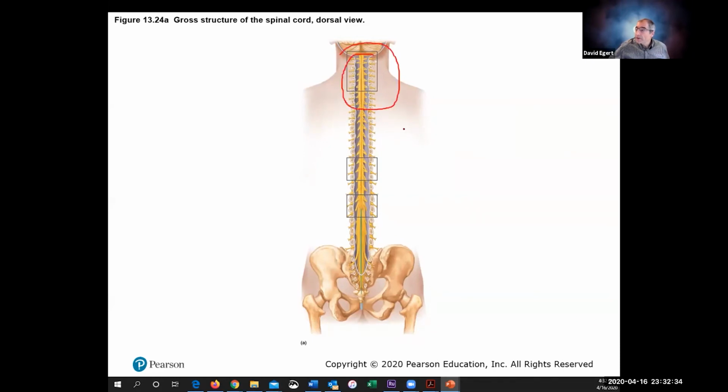So we didn't actually talk about this, the cervical enlargement, but what happens? We have all these spinal nerves that originate from these cervical regions here. What structures come off of those as the spinal nerves come off? What do they start doing?